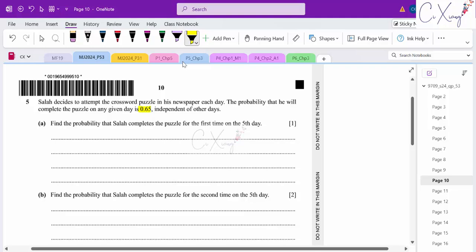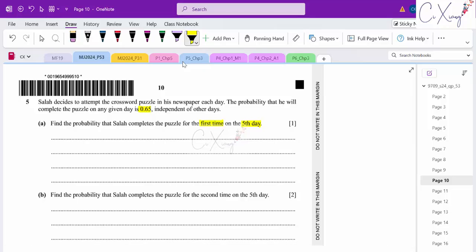Find the probability that he completes the puzzle for the first time on the 5th day. For this keyword, first time, when a question is related to the first success trial on any particular day or time, that belongs to geometric distribution.